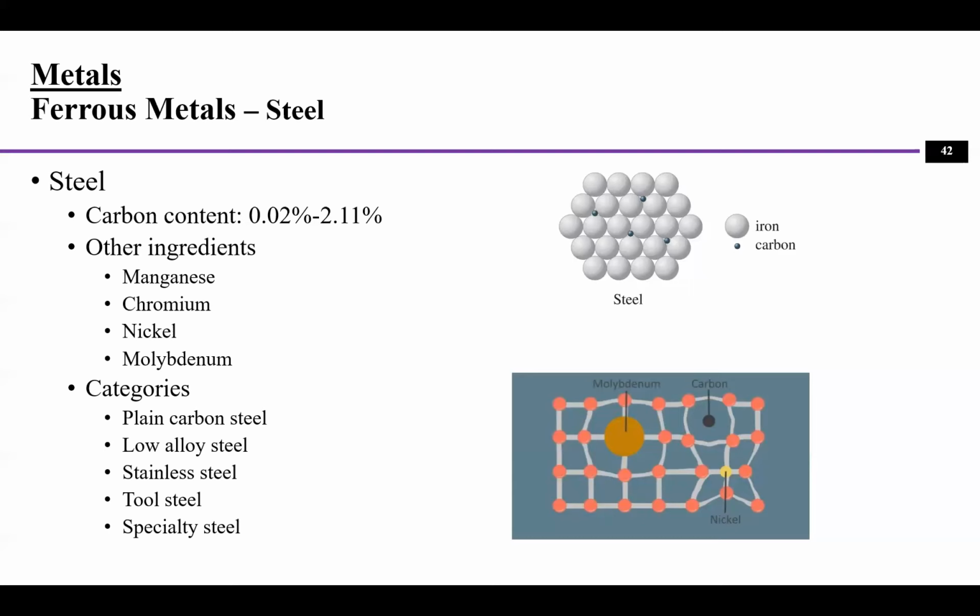Also, sometimes you may see other categories like plain carbon steel, low alloy steel, stainless steel, tool steel, and specialty steel. And that really depends on what kind of ingredients they put in there.